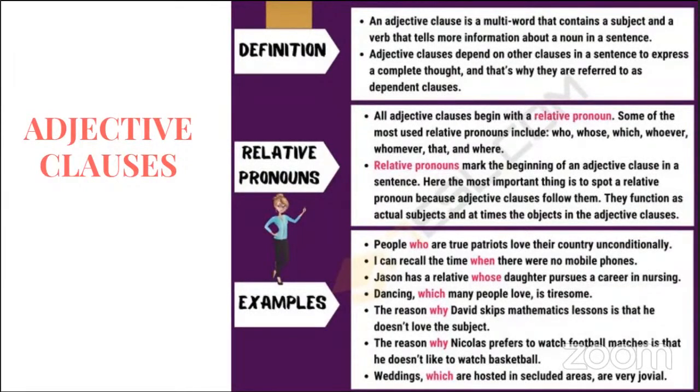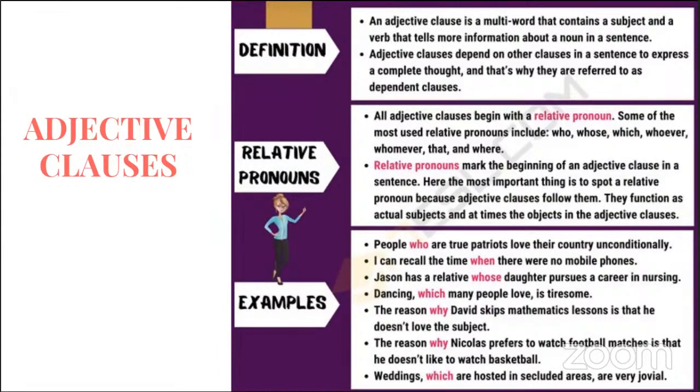The relative pronouns mark the beginning of an adjective clause in a sentence. Here, the most important thing is to spot a relative pronoun because adjective clauses follow them. They function as actual subjects and at times the object in an adjective clause.